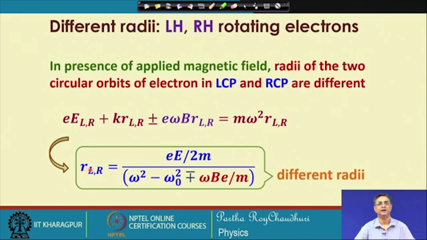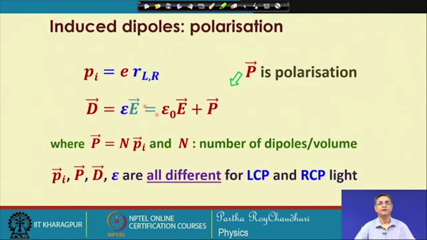You can see that r of L and R is equal to, now you have a plus minus sign, plus for the left handed rotation of the electron and minus for the right handed rotation of the electron. So, these two electrons rotating in the opposite sense will now have different orbits, the radius of their circular path will be different because of the presence of the magnetic field. So, the interaction will be different.